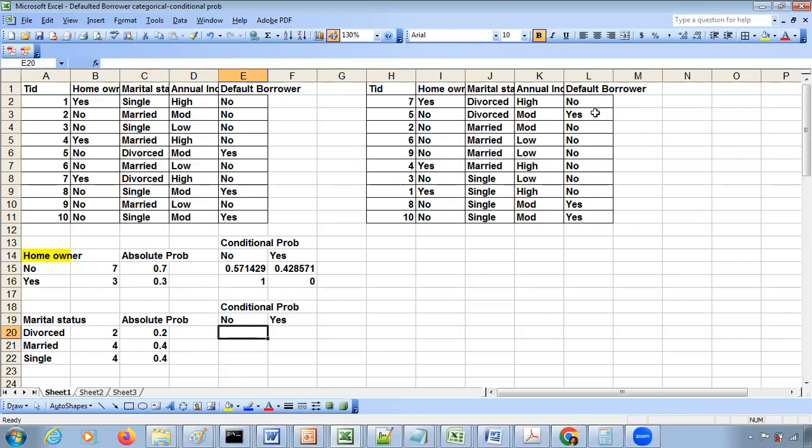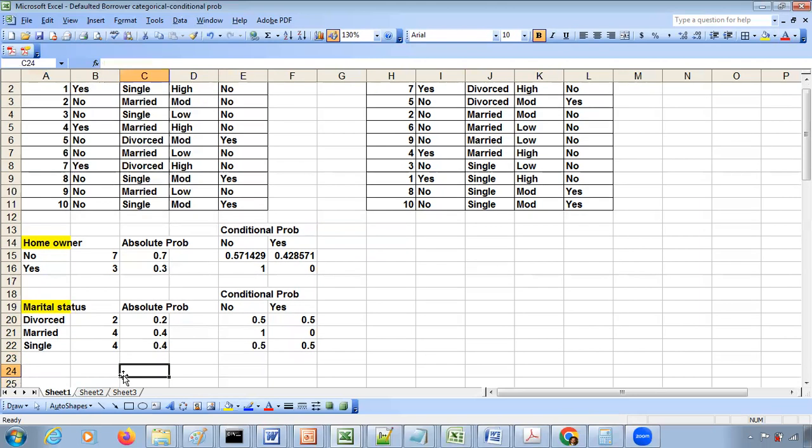And out of the 2 divorced, 1 belongs to class no and 1 belongs to class yes. So that's going to be 1/2 for no, 1/2 for yes. Of the 4 married, all the 4 belong to class no. That's 4/4 for no and 0/4 for yes. For single, 2 belong to class no and 2 belong to class yes. So it's going to be 2/4 for no and 2/4 for yes. All right, so that's for marital status.